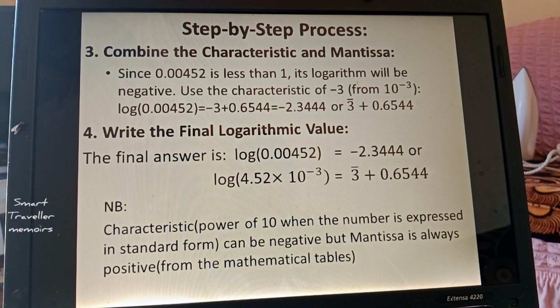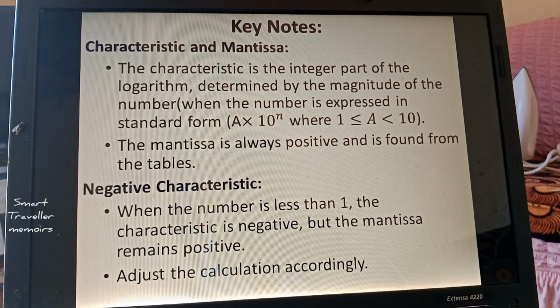Note, the characteristic, or power of 10 when the number is expressed in standard form, can be negative, but the mantissa is always positive from the mathematical tables. Characteristic and mantissa: the characteristic is the integer part of the logarithm, determined by the magnitude of the number when expressed in standard form, a times 10 raised to n, where a lies between 1 and 10.